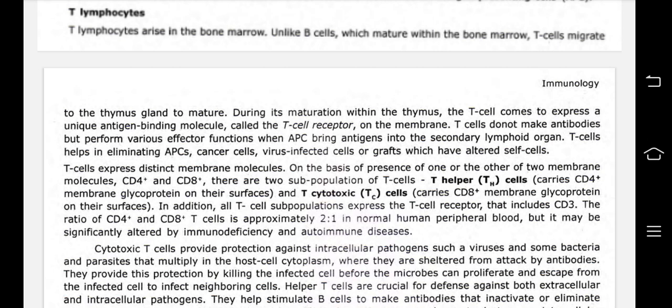In addition, all T cell subpopulations express the T cell receptor that includes CD3. The ratio of CD4 and CD8 T cells is approximately 2:1 in normal human peripheral blood, but it may be significantly altered by immunodeficiency and autoimmune diseases.